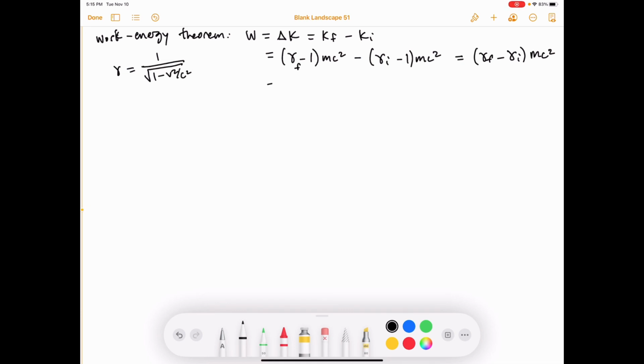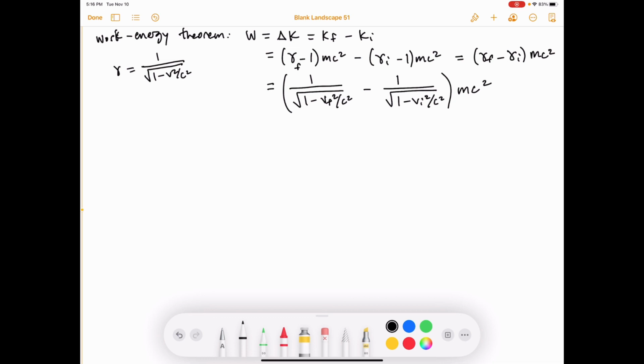So the work needed is going to be gamma final, which is 1 divided by the square root of 1 minus v final squared over c squared, minus 1 over the square root of 1 minus v initial squared over c squared, and then multiply that by mc squared. So that's the amount of work required to change the kinetic energy by a certain amount.